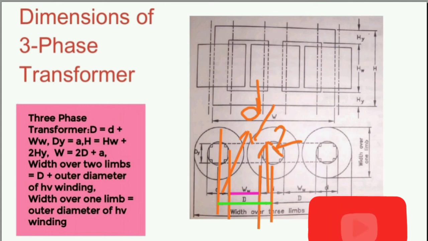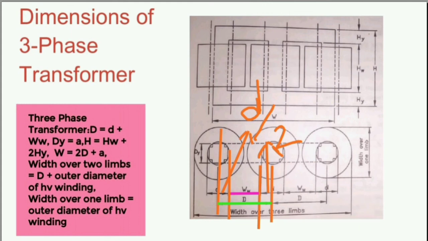How can we obtain this? See from the top view and side view, observe both figures simultaneously. So capital D is equal to WW plus D by 2 plus D by 2, that is D.